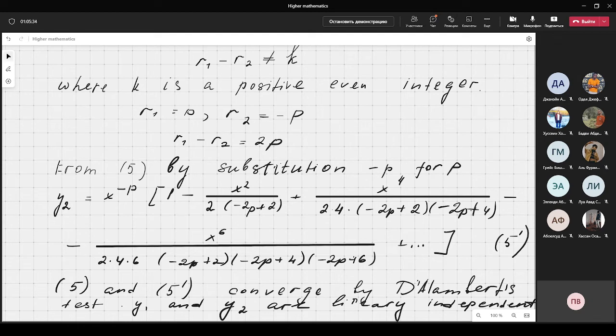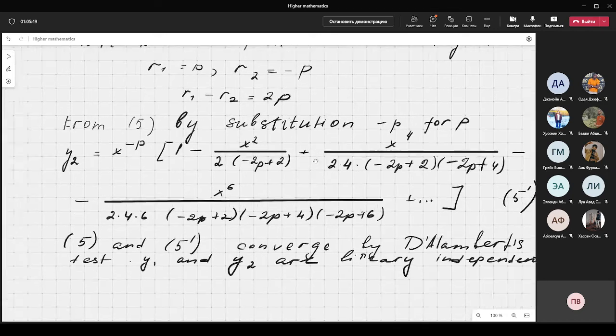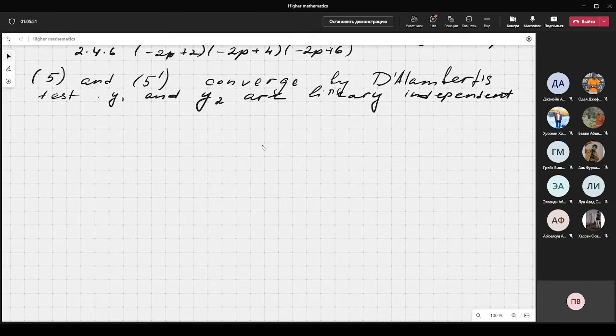The solution y first multiplied by a certain constant is called a Bessel function of the first kind of order p. We now write down this.